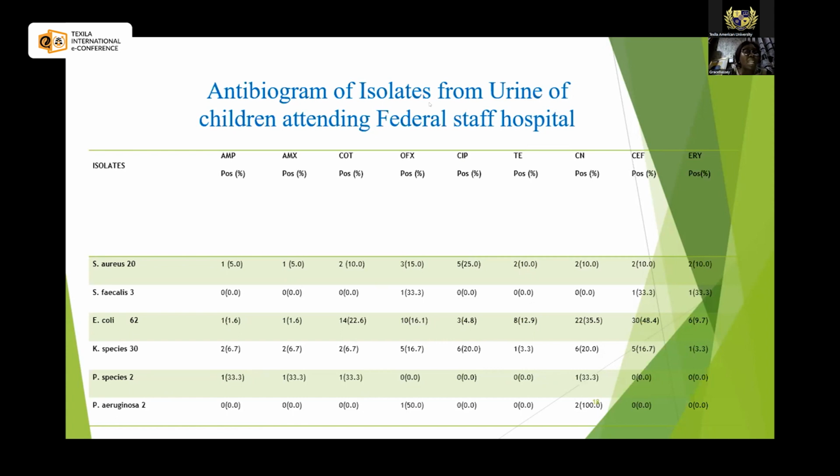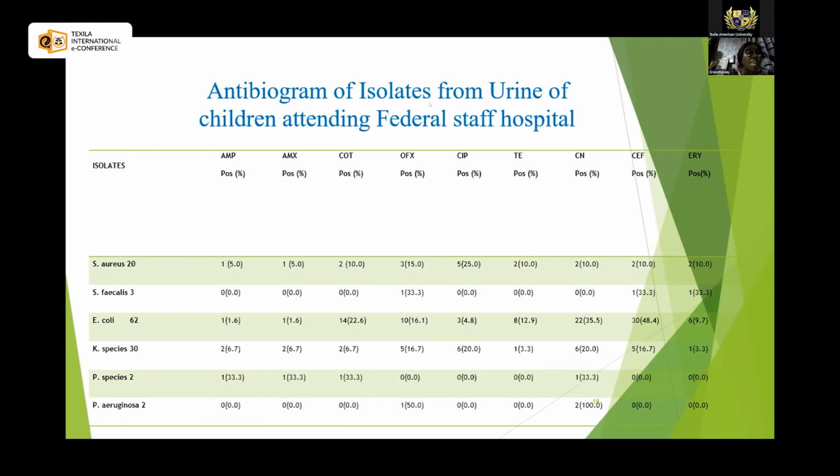We go to Escherichia coli, which was about 62 isolates, and you can see the best treatment for this. You can use cefuroxime. Cefuroxime is very, very good, followed by gentamicin. Even though we try not to bring in injections, we try to administer tablets or syrups where necessary.